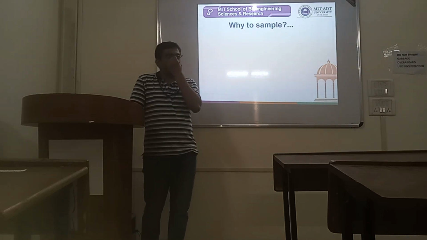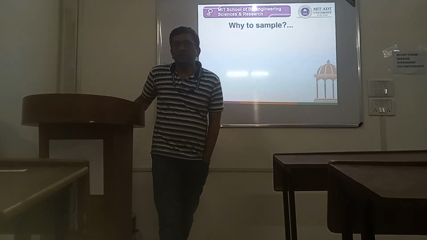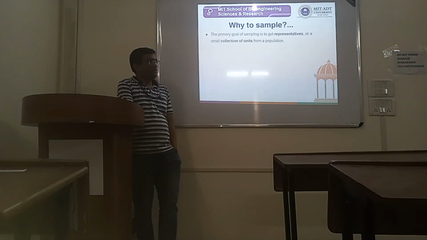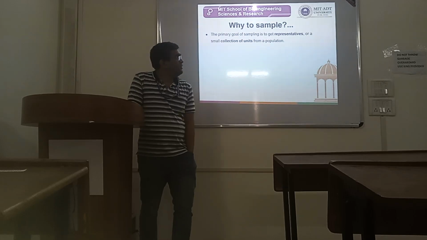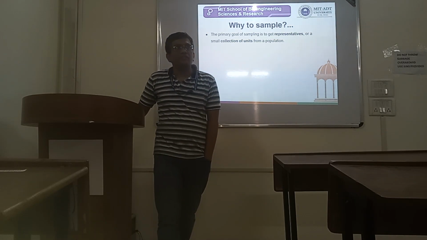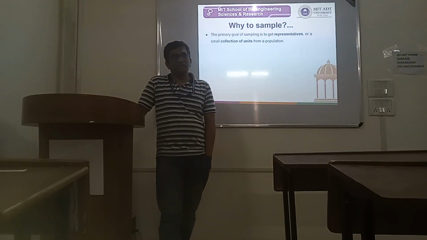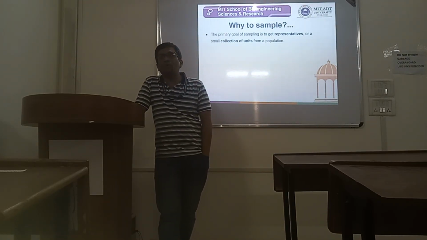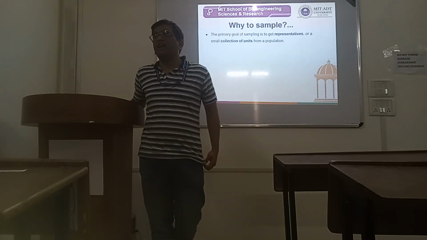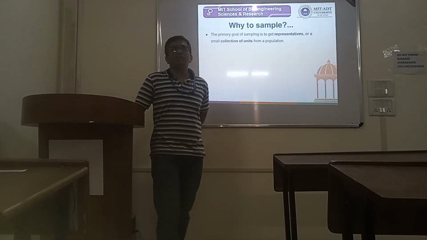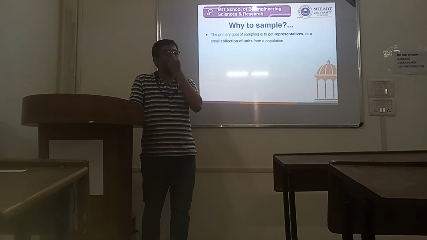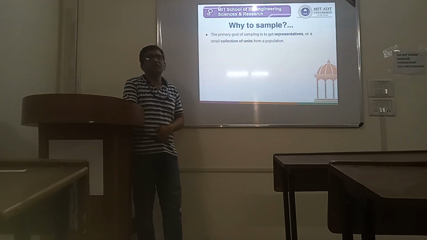To begin with, we will see the concepts of population and sample. Now there is one basic question: why is there a need to sample? There are several reasons for sampling. First of all, the primary goal of sampling is to get a representative sample. As we will see in the next slide, population is very large, and sometimes it is not appropriate to select the whole population for studying or getting answers to the question under scrutiny.